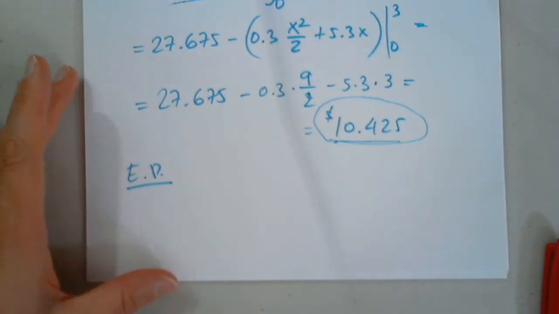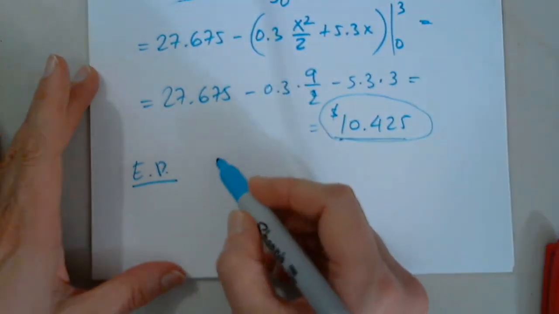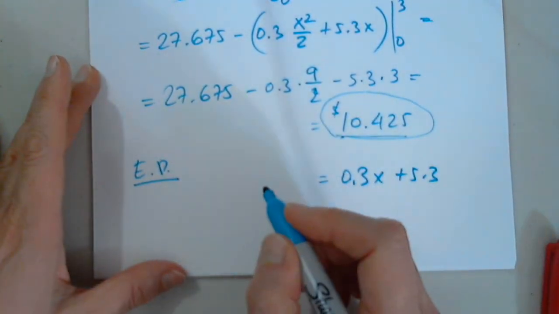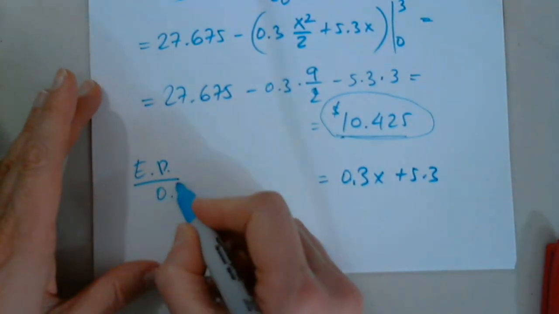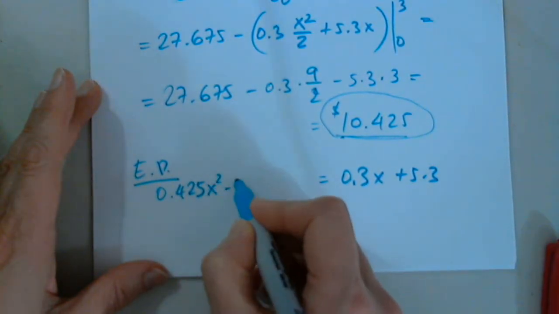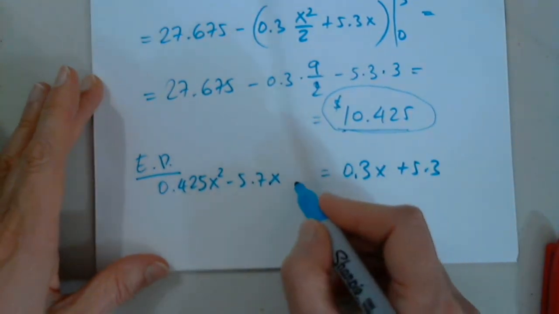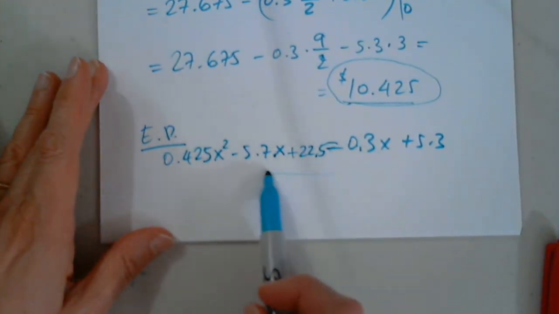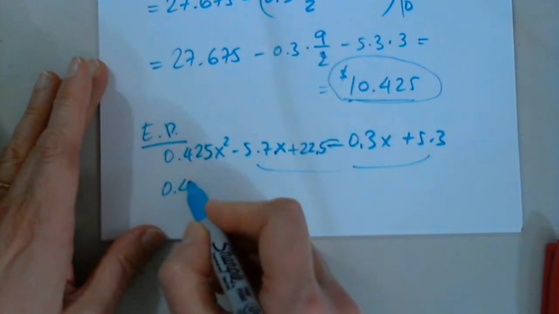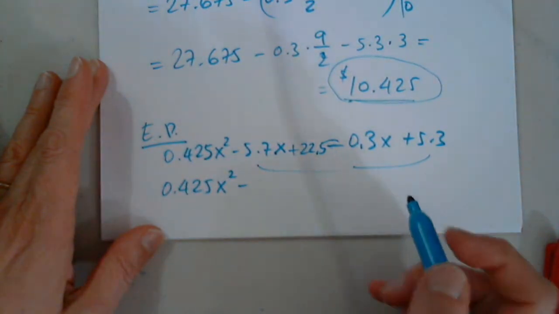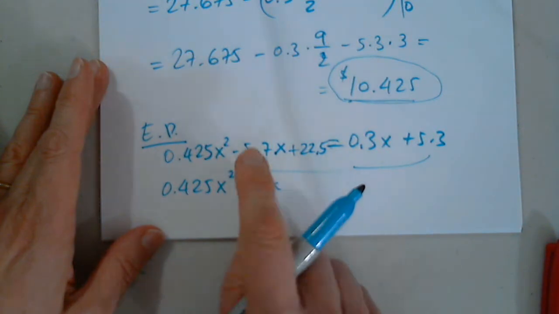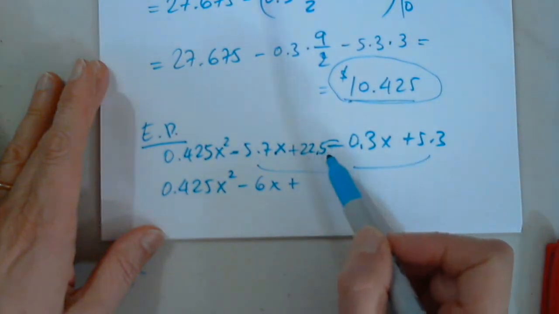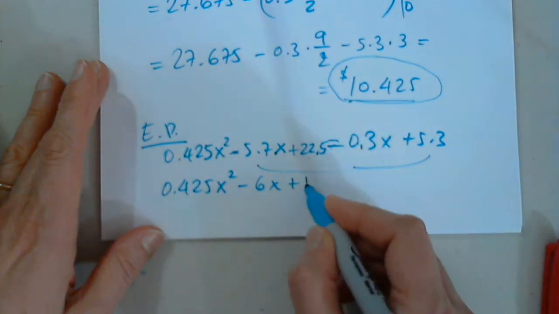Okay. So the functions are, the supply is 0.3x plus 5.3, and the demand is 0.425x squared minus 5.7x plus 22.5. Okay, so I have to move this term and this term. So 0.425x squared minus 6x, negative 5.7 minus 0.3 is negative 6x, plus 22.5 minus 5.3, I think it's 17.2.